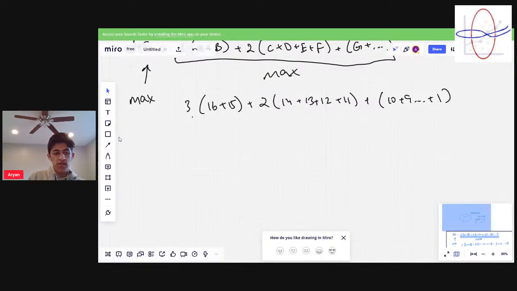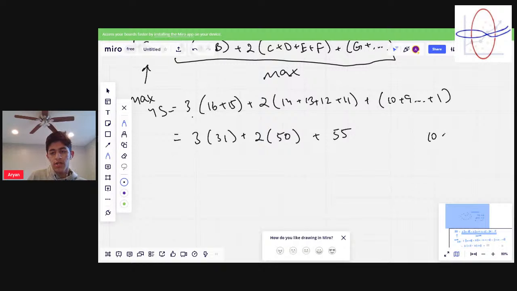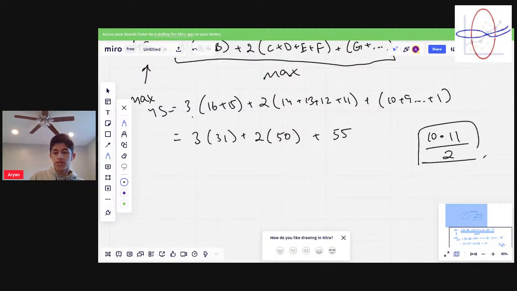Now we just have to simplify this, because we know that this is equal to 4s. This is 3 times 31 plus 2 times 50, plus the sum of 1 through 10, which is 55. One quick way to do that is 10 times 11 over 2, an easy way to figure out the sum of the first n consecutive numbers.